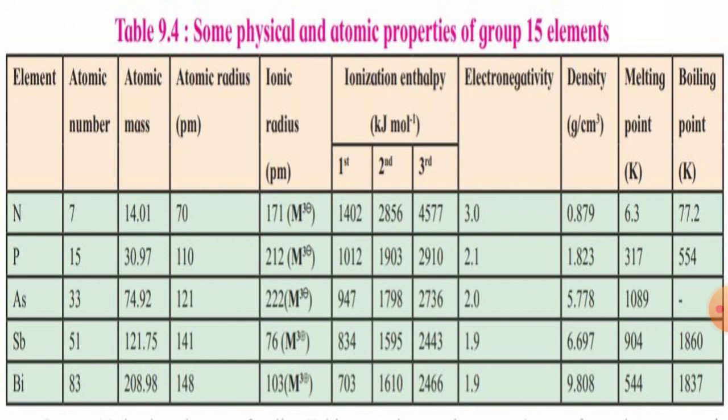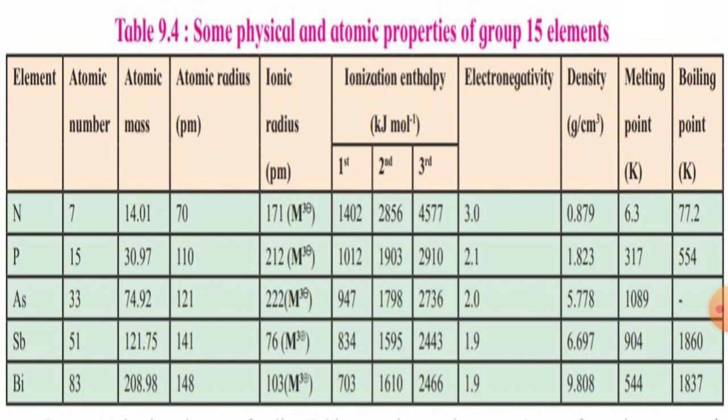Okay, it is due to the liberation of an electron from the gaseous atom. Then ionization enthalpy: as we know, atomic radius is inversely proportional to ionization enthalpy. If atomic radius increases, ionization enthalpy decreases. So as the atomic radius increases down the group, ionization enthalpy decreases down the group.